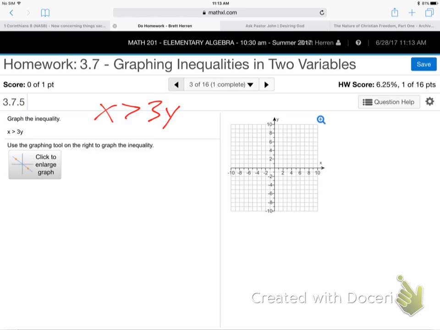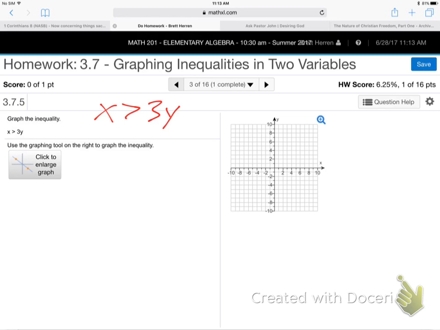See if you can get y alone. So divide by 3, right?